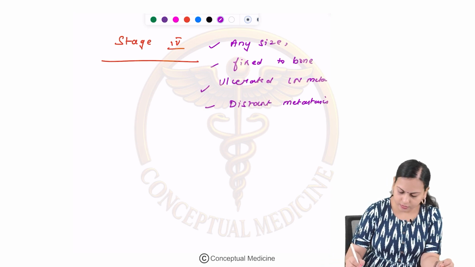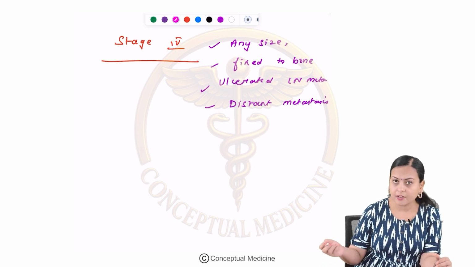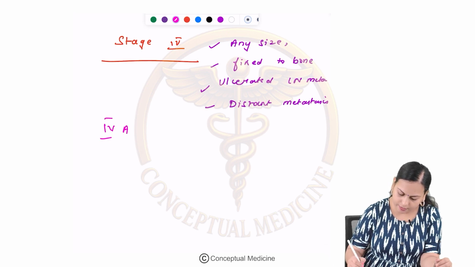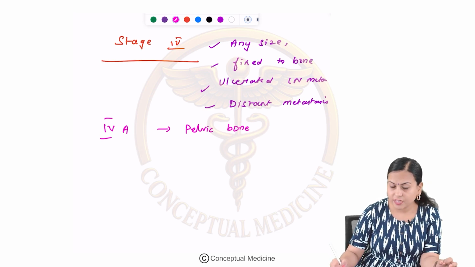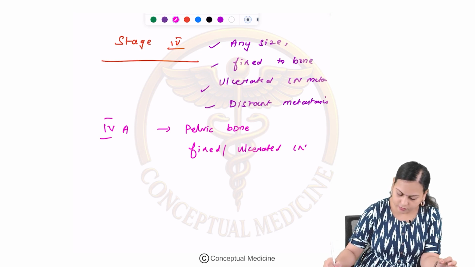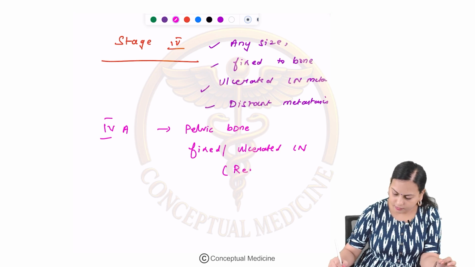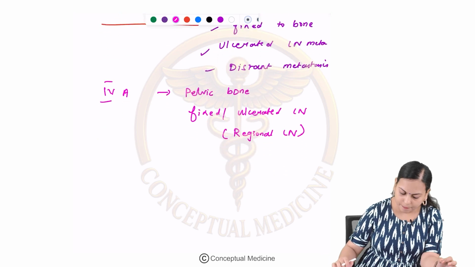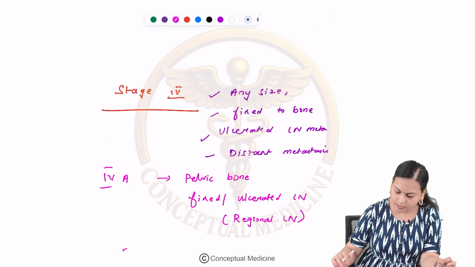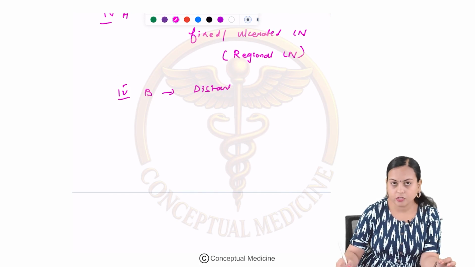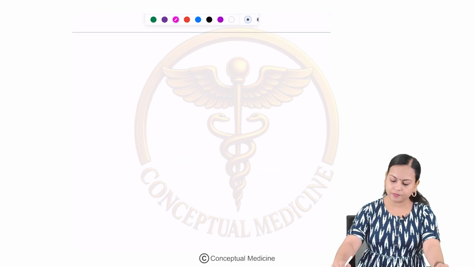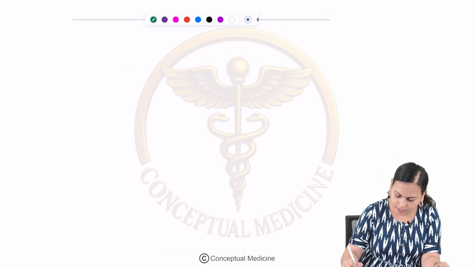So, what is 4A and 4B? 4A means the tumor is fixed to the pelvic bone and there are fixed or ulcerated regional lymph nodes. Then stage 4B means it is to the distant organs. There will be distant metastasis. Clear?